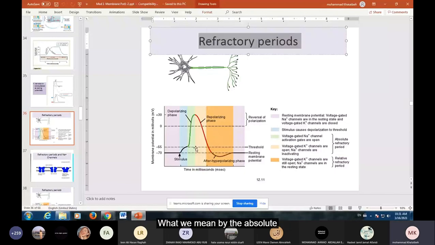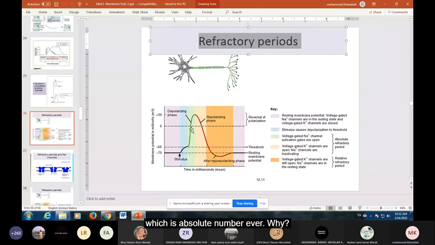What do we mean by the absolute refractory period? In the absolute refractory period, at the overshoot, even though you have applied a stimulus, subthreshold or suprathreshold, even a very, very strong stimulus, you will not cause that membrane to depolarize again.